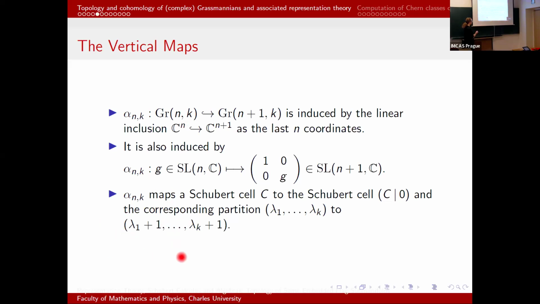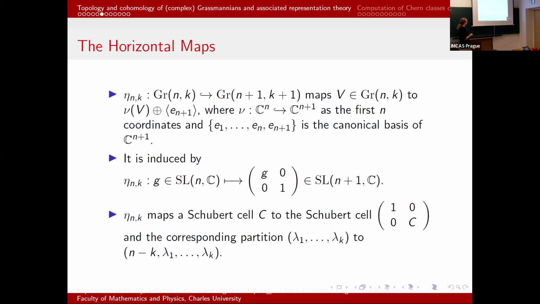So we add plus 1 to each term of the original partition. And this corresponds to the fact that the partition is constructed by counting the number of zeros in the echelon form matrices. And if we add 1 zero column to the right, then we add 1 zero to each row.